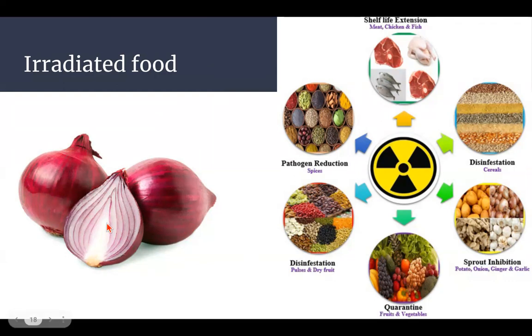However, if you make it go through a radiation machine, the radiation will kill the cells or damage the cell's DNA to the point where it's too damaged to do any cell growth, and it loses its normal function. So now you can have your onions sitting on your shelf for close to a month and they won't sprout. You're extending the shelf life of your food by passing it through a radiation machine.